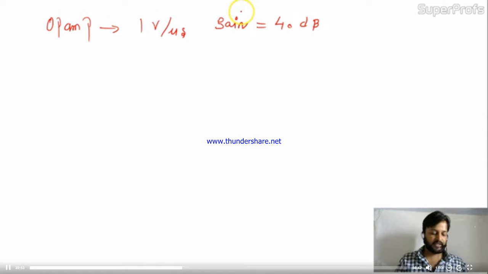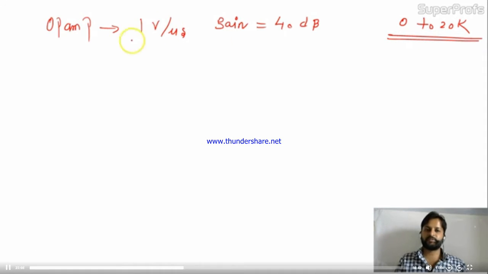If this amplifier has faithfully amplified a sinusoidal signal from 0 to 20 kilohertz, we are applying this input to this amplifier and we are getting faithful output. Means whatever we are applying, we want the same at the output stage.